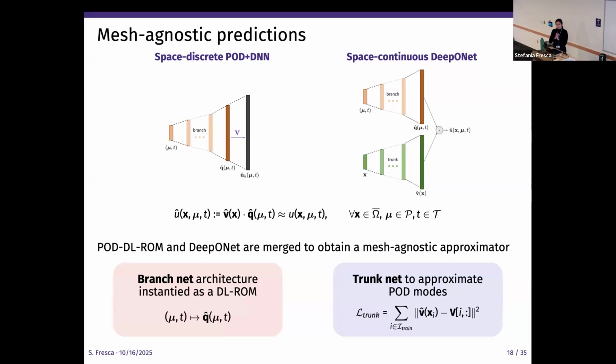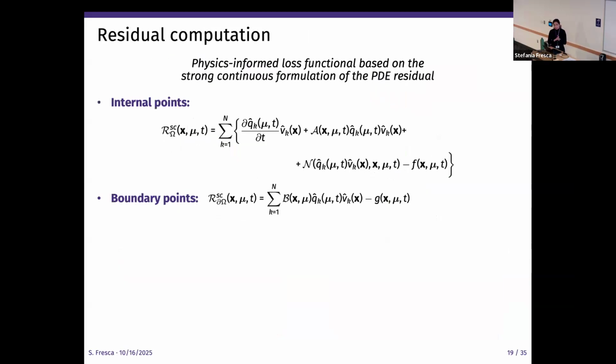Thanks to such a mesh-agnostic approximator, we are able to employ a physics-based loss functional, which is based on the strong continuous formulation of the PDE residuals. If we use for the approximated solution the formulation in terms of the trunk net's basis functions, then the PDE residuals for both internal and boundary points are the ones reported.